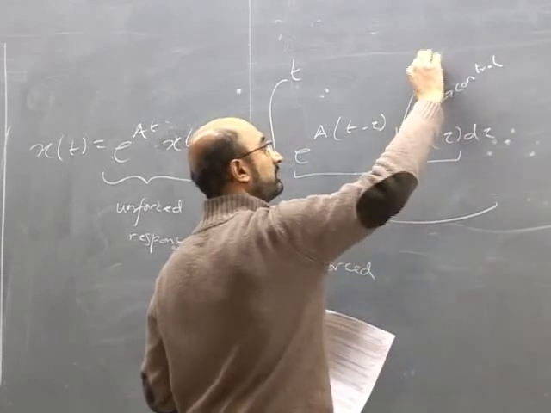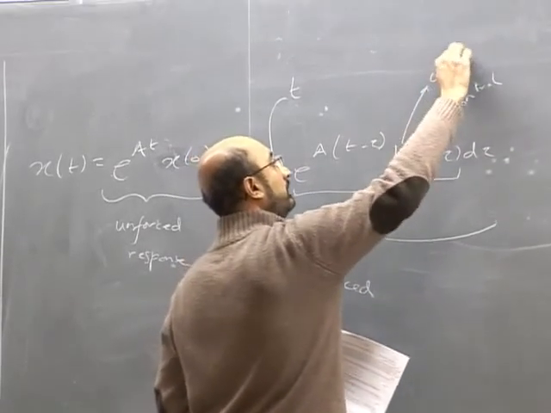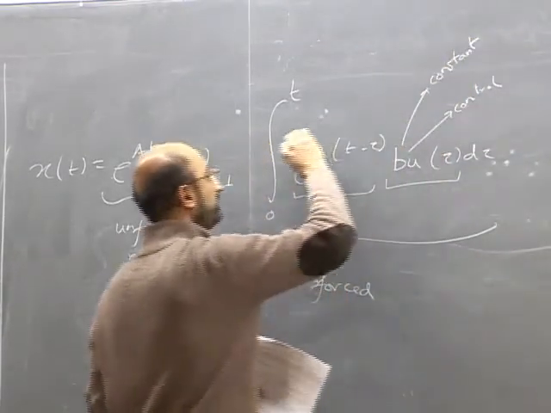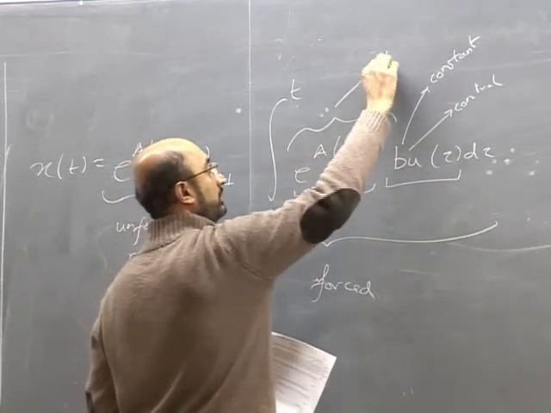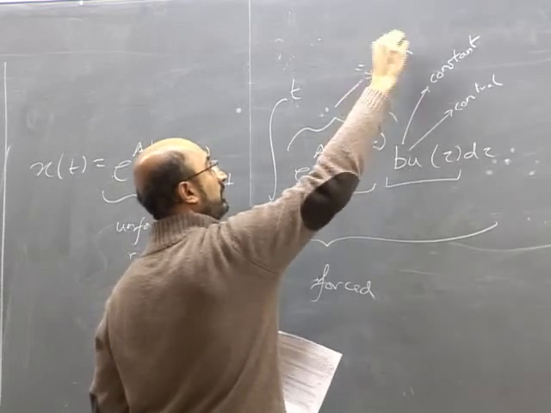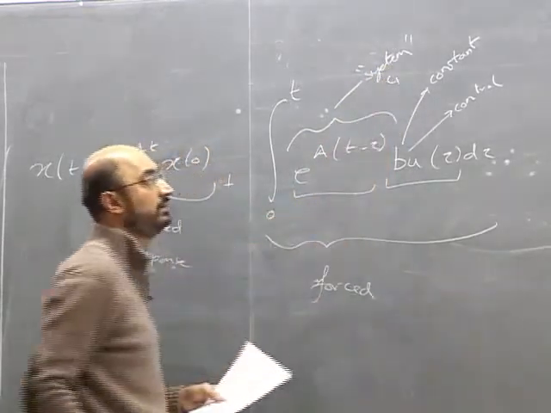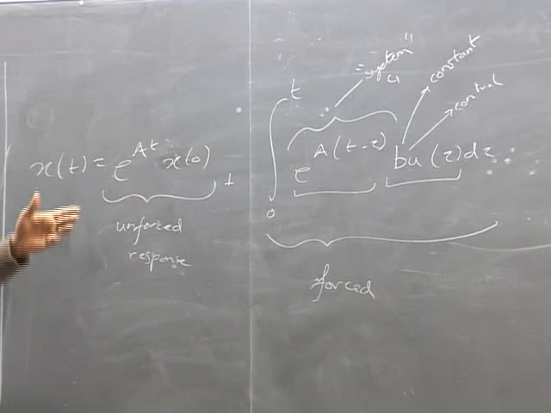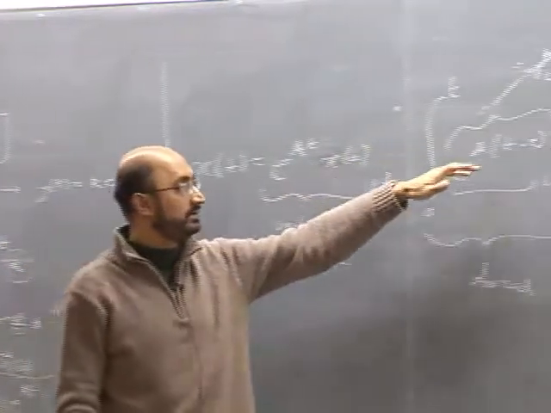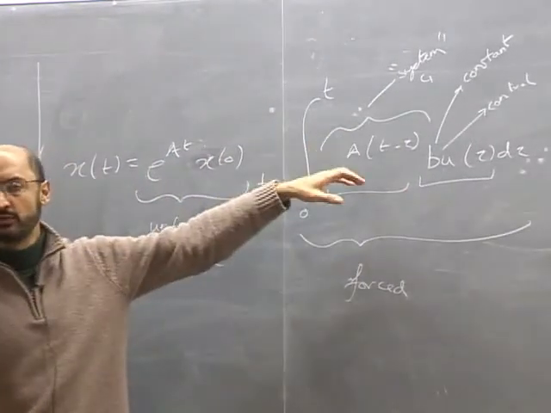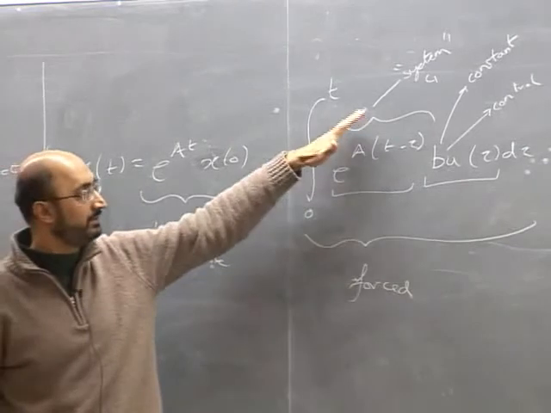This is a constant, and this represents the system, what we've been calling G. The system G is basically represented by x dot equals Ax, and so e to the A(t minus tau) roughly corresponds to what we've been calling the system in control theory, the G part.